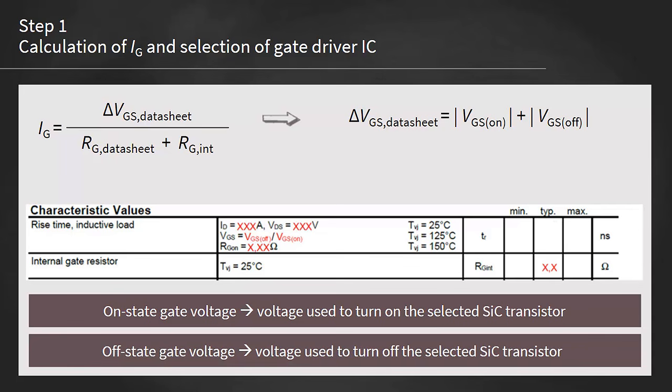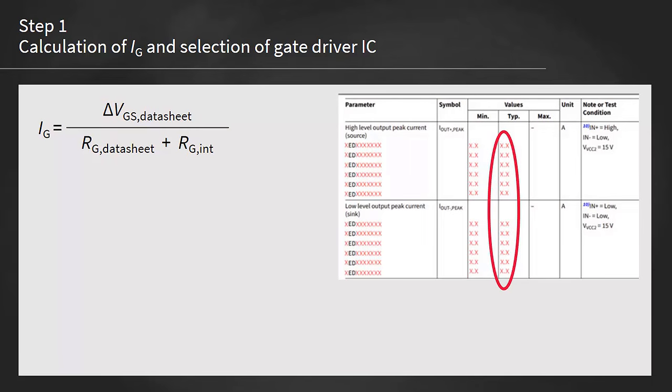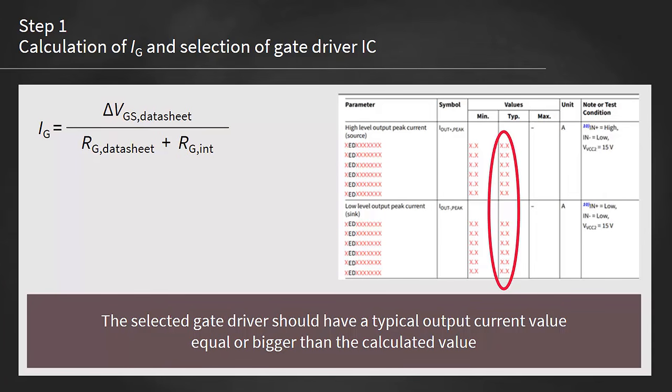The off-state gate voltage is the voltage used to turn off the silicon carbide devices according to the same datasheet measurement. At this point, the calculated peak gate current Ig can be used to identify a possible suitable gate driver for your application. The selected gate driver should have a typical output current value equal or bigger than the calculated value.